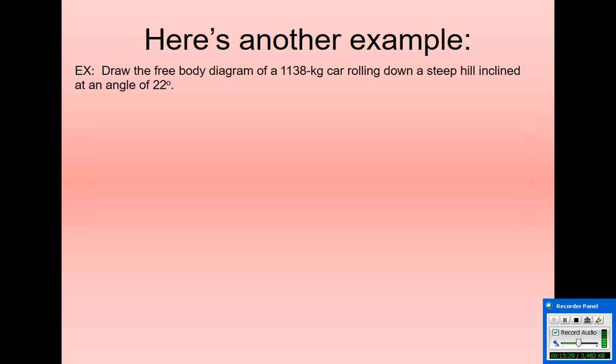Now let's look at an example of an object on a slope. We have a 1,138 kilogram car, and it is rolling down a relatively steep hill. 22 degrees is quite steep for a road. So what's this free body diagram going to look like?